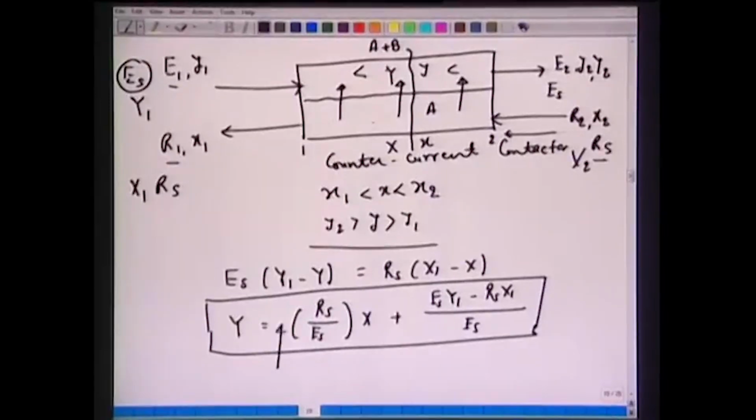Notice the difference, we have now positive slope. Which means if we now draw the operating curve for counter current system, starting from P and Q, the two ends 1 and 2, now we will get this operating curve which would be positive. So this is different from what we had in case of co-current, where we had the equilibrium curve which will be the same as before, and we had the operating curve which has a negative slope minus RS over ES.